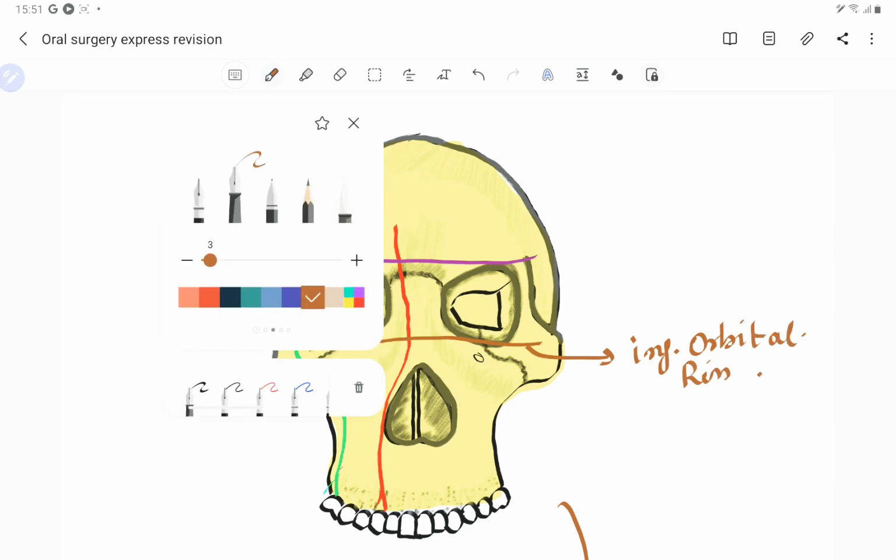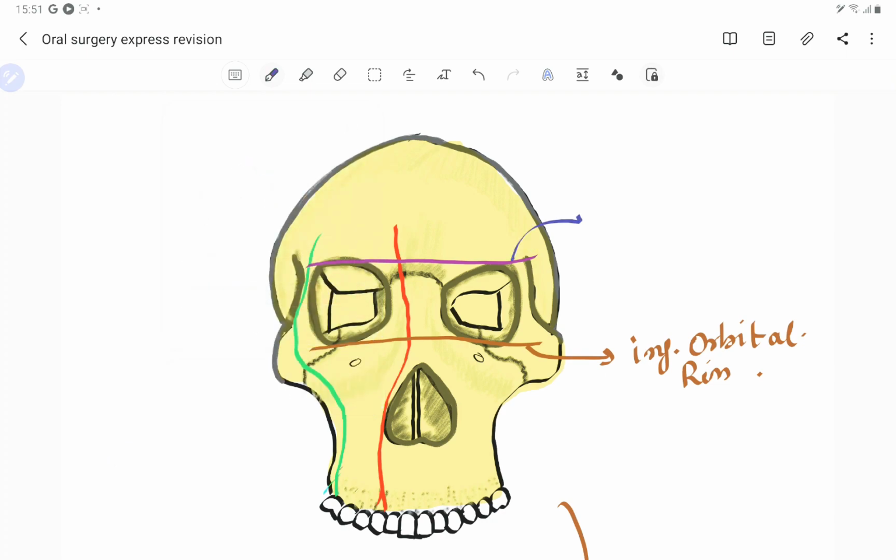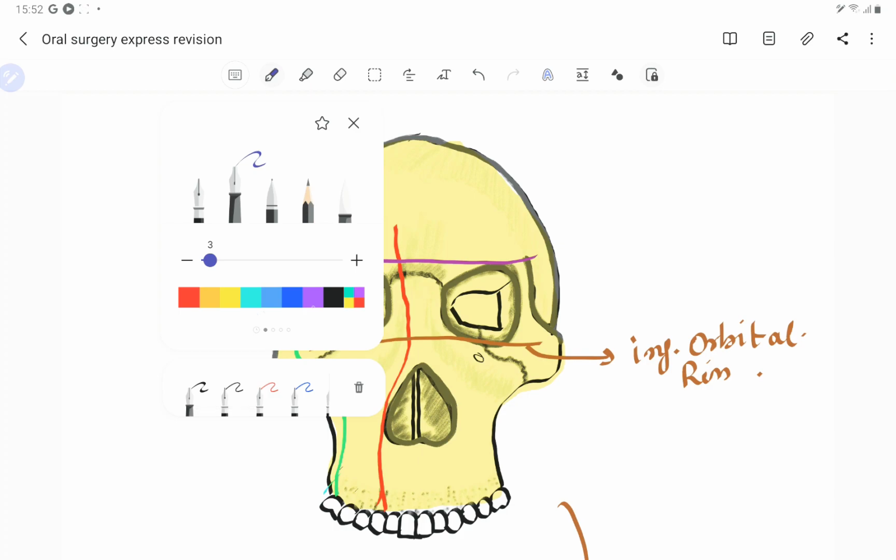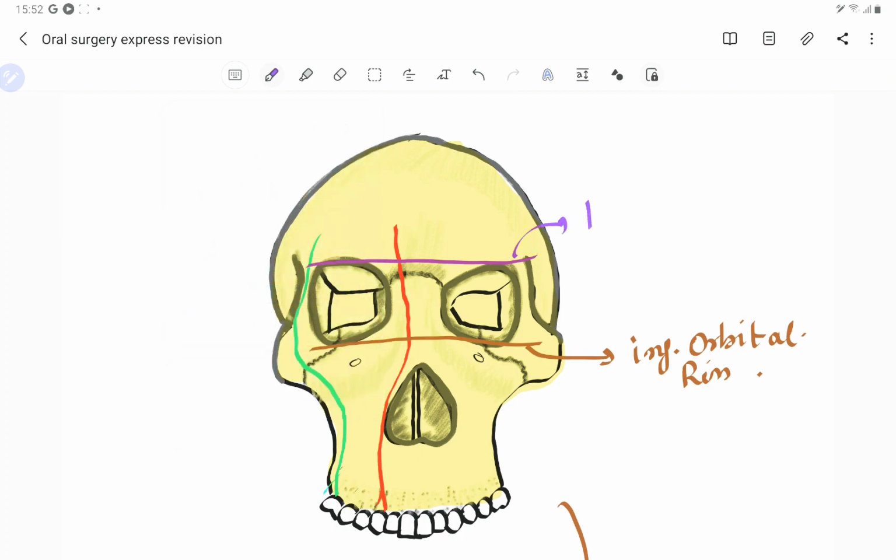Then we have the superior orbital rim, which is again a horizontal buttress. This is the superior orbital rim. We also have a buttress at the alveolar process of the maxilla. So one more horizontal buttress, the alveolar process of the maxilla.